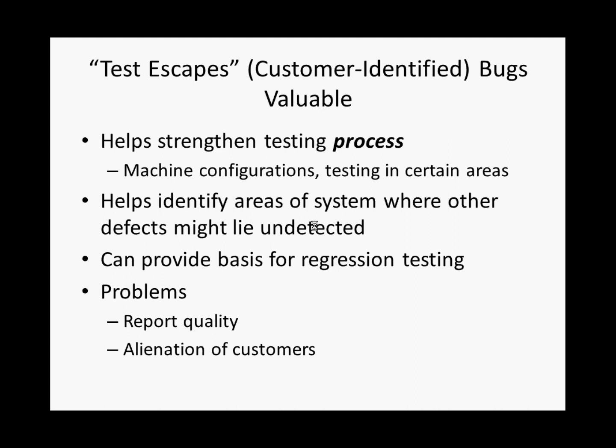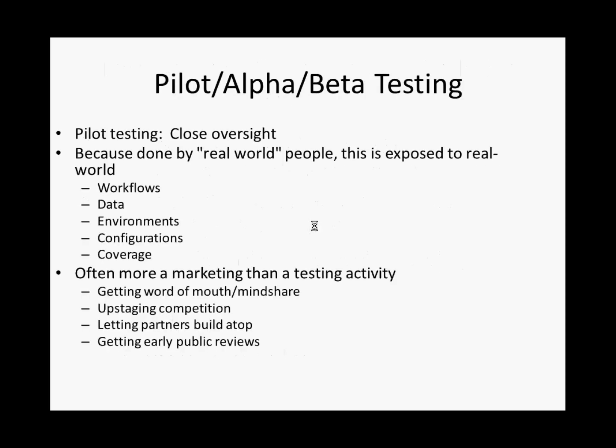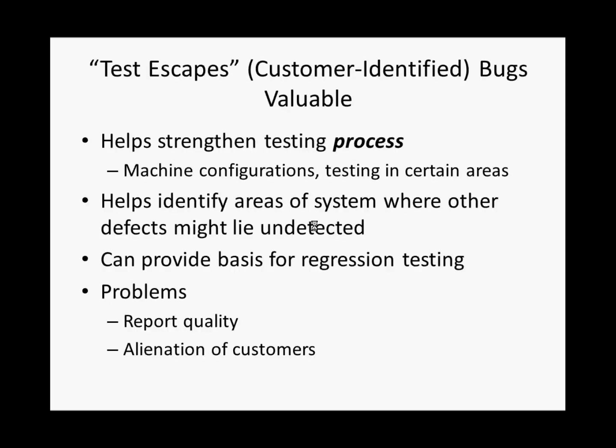What was it that allowed this to come into being, and what allowed it to escape all our tests? How can we learn from that as effectively as possible? It can help you identify whole areas of the system where defects may lie undiscovered, provide a basis for regression testing, and it can help lower the chance that customers will be alienated.